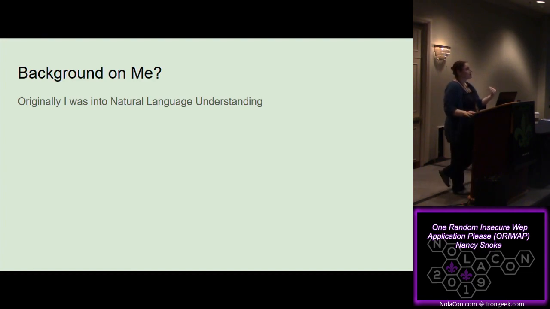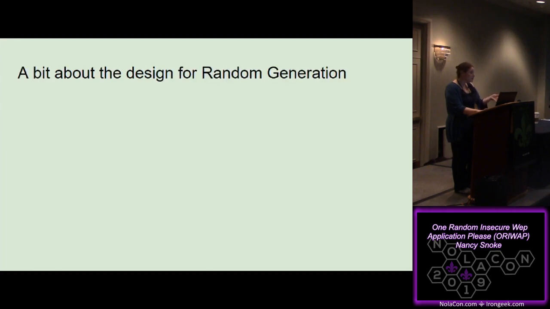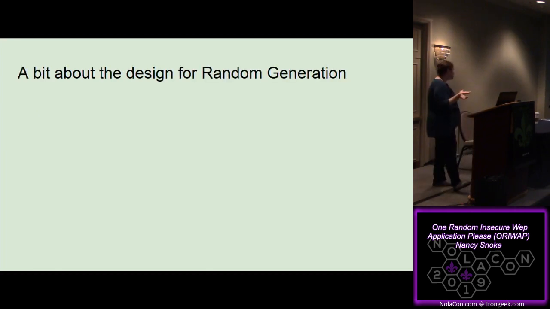But it would generate complete verb morphologies in ancient Sanskrit and biblical Hebrew. So this is all my background, which is why I thought I could do this. And I even took some shortcuts doing it because there's a lot to generating language. All right, now let's talk a little bit about the design for the random generation.